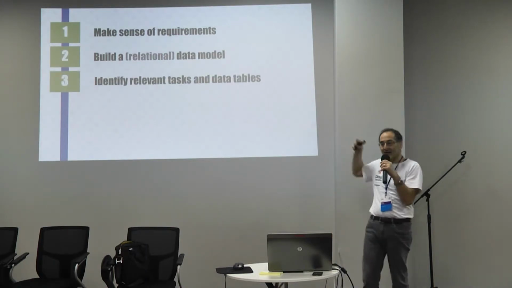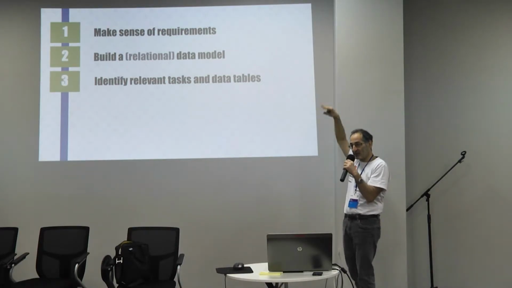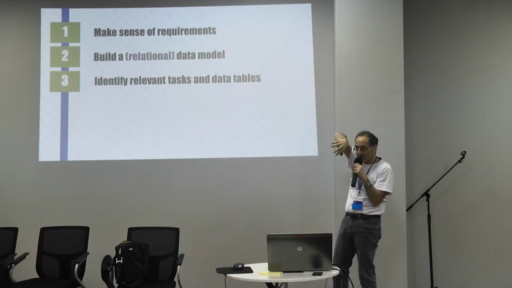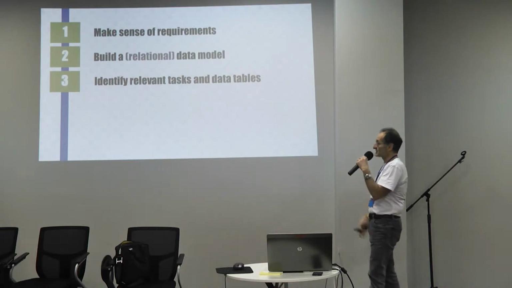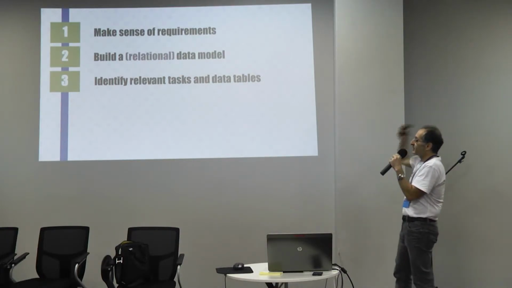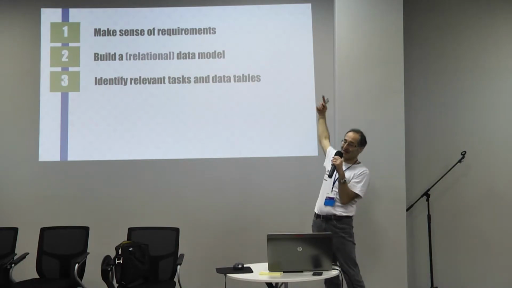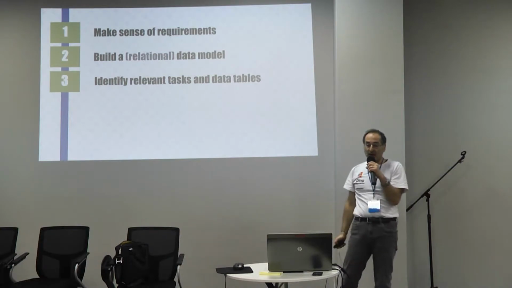I mean, it's already blameworthy that we focus on a data model at such an early step of the design process. But if we do that and we stick only to relational, this is even worse. After that, step number 3, we identify relevant tasks, relevant data tables in the previously built or envisioned relational model.